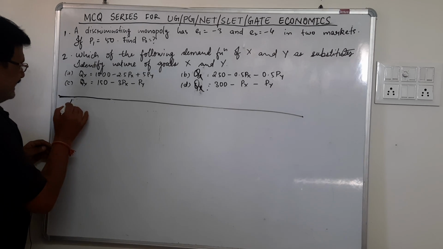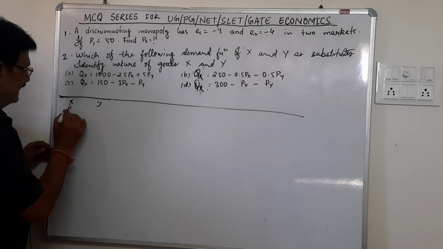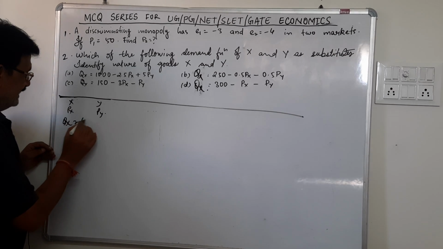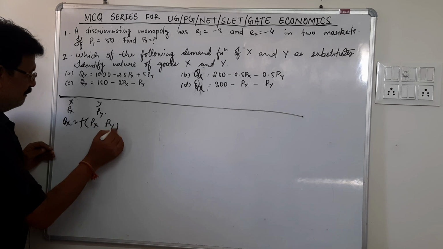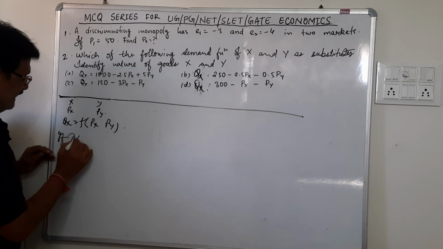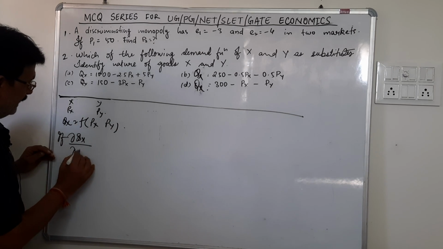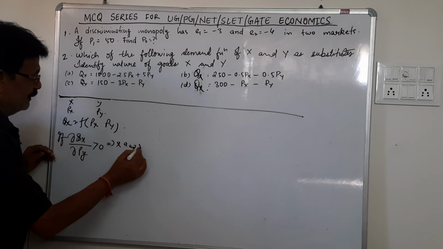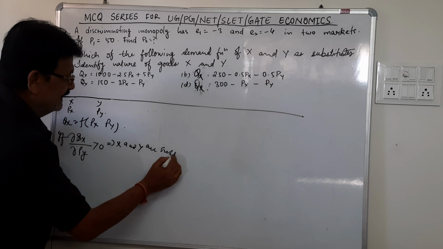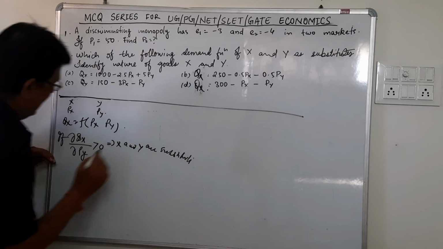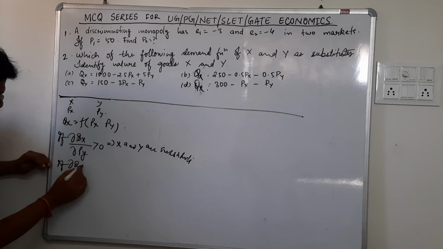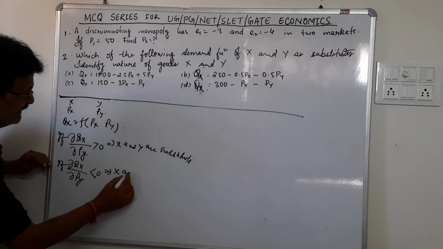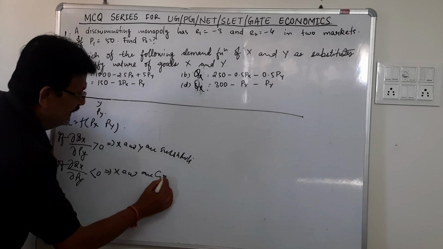If Qx is a function of Px and Py, then if delta Qx by delta Py is positive, X and Y are substitutes. And if delta Qx by delta Py is negative, X and Y are complements.